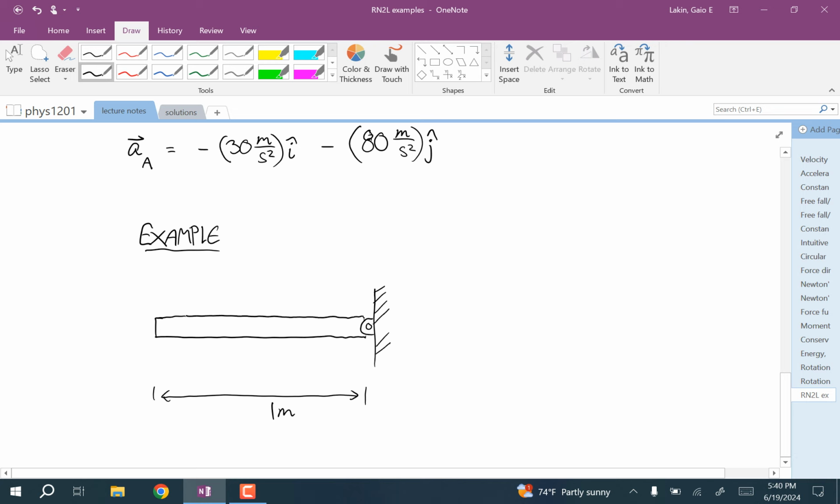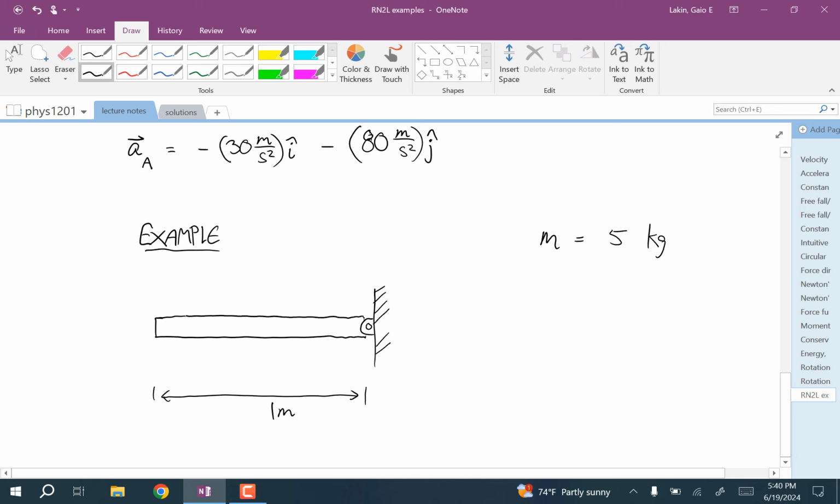It turns out that that gives you a pretty good approximation a lot of the time because of the fact that you're squaring these dimensions in the formulas. And we'll say that the mass of this beam is 5 kilograms.